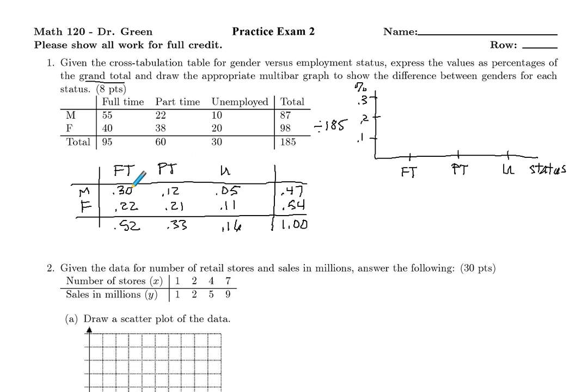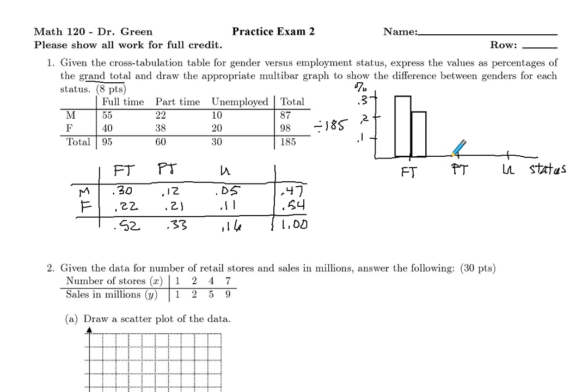And so for the full-time males, we had 30%. So we're going to have a bar for males that goes up to 30%, about like that. And then for females, it was 22%. So I'll have the full-time bar for females up to 22%, about right there.